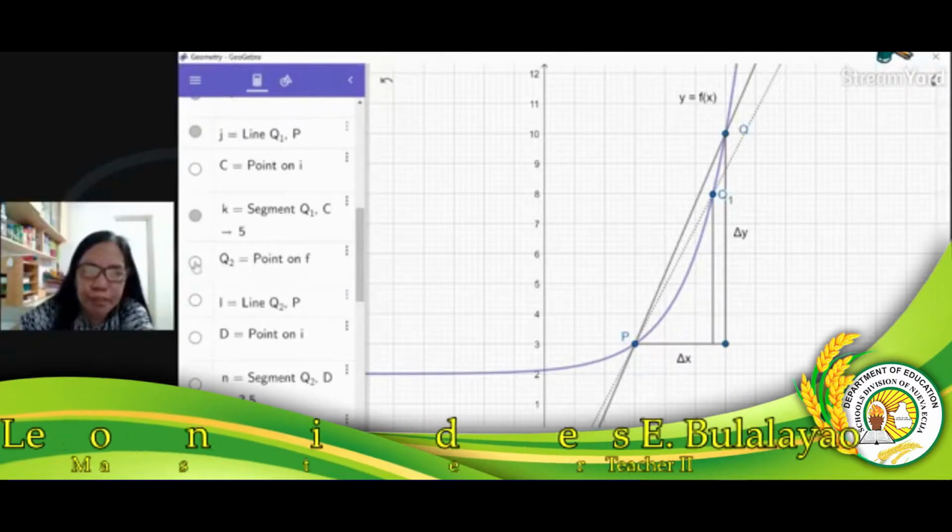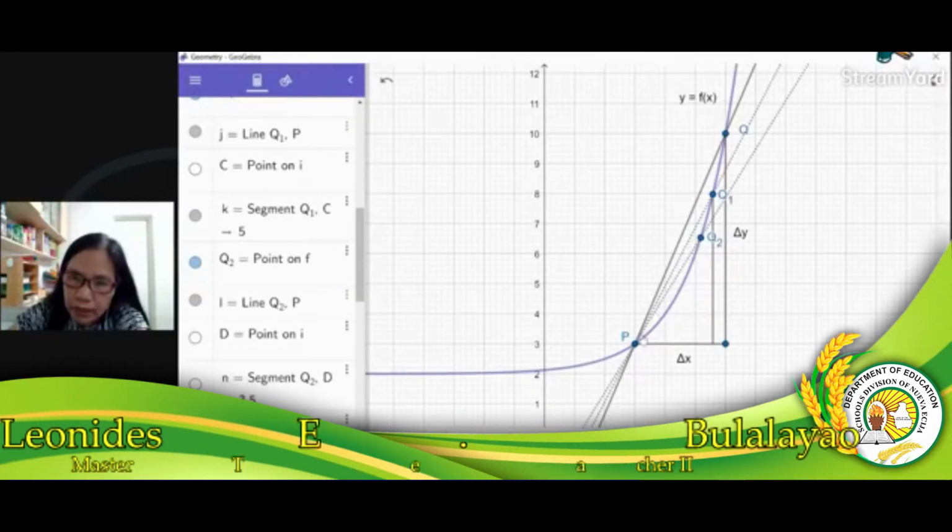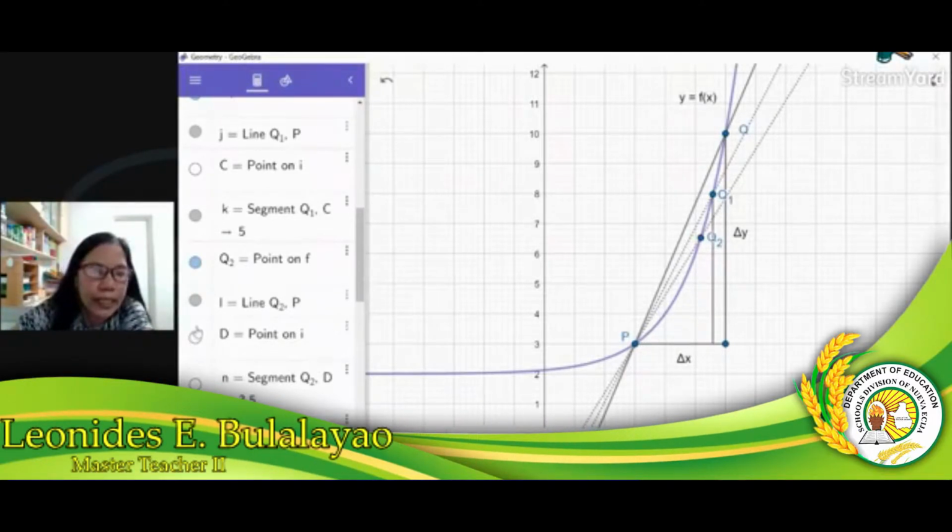And if we have another point Q sub 2 closer to point P, and we get the secant line, look at this secant line and the value of the slope, the delta y over delta x.